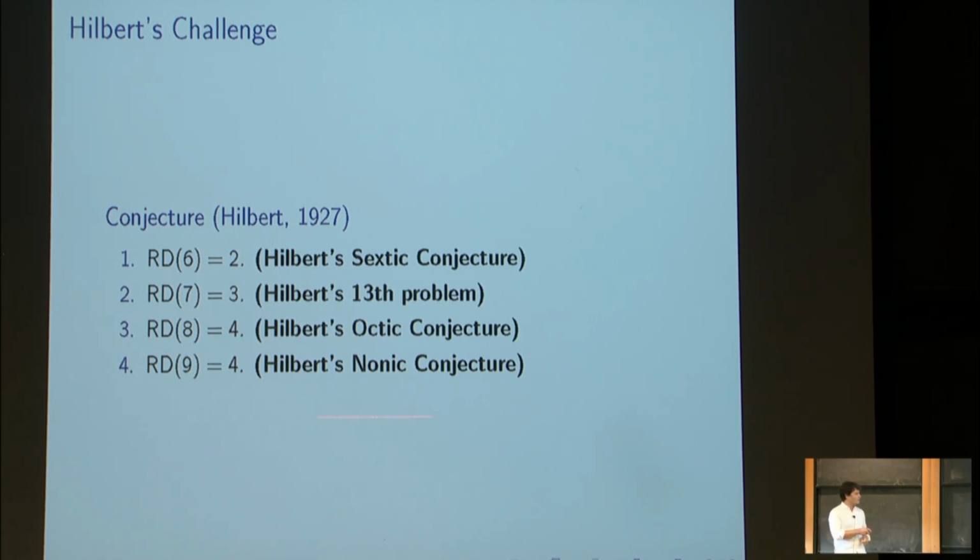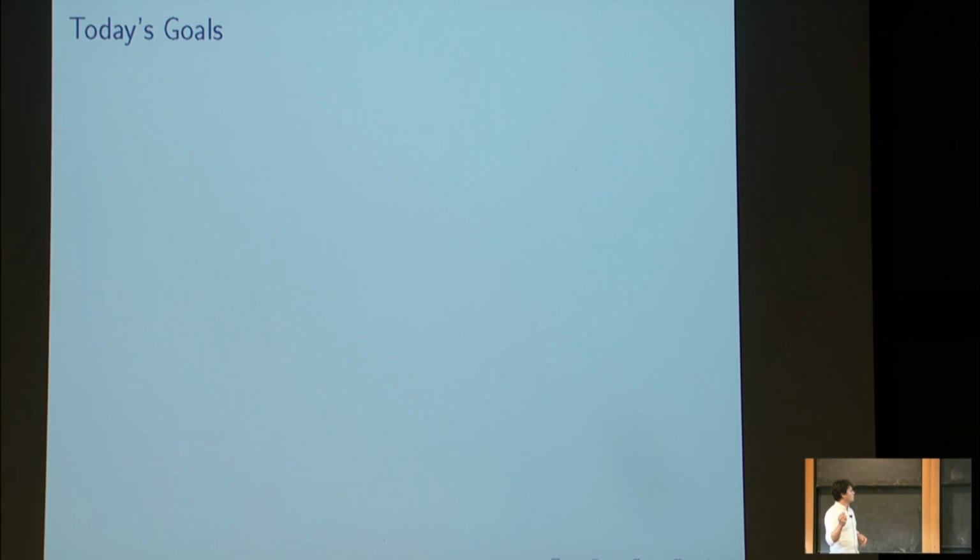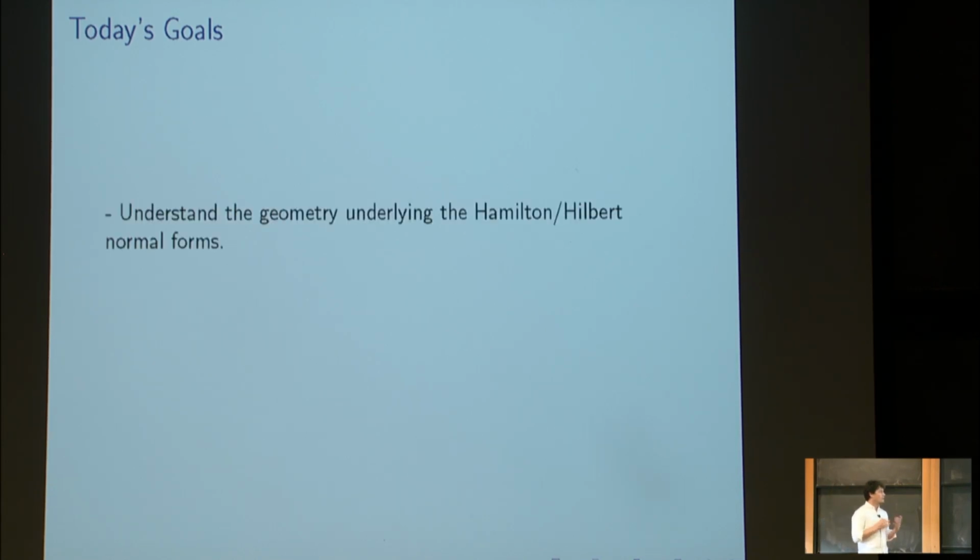And making sense of this is kind of where the results I'm going to tell you about today come out of. I think it's a very cool idea. OK. But these are the defining problems in the area. All right. So goals for today. I want to understand the geometry underlying these Hamilton-Hilbert normal forms.